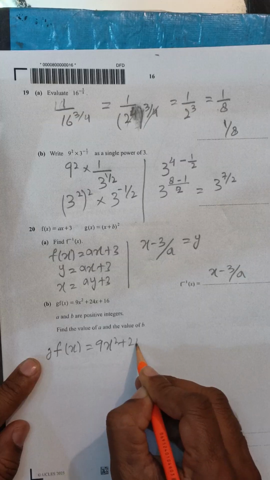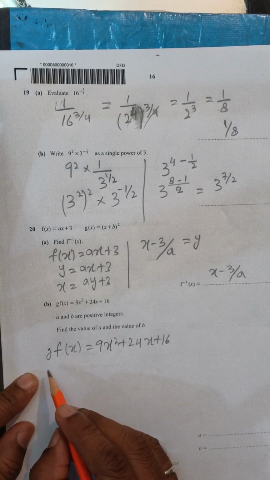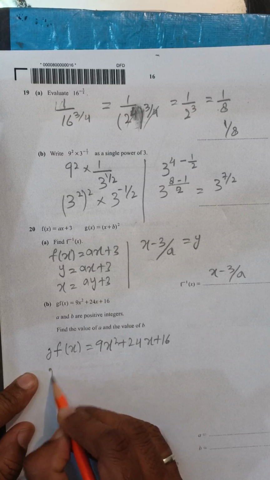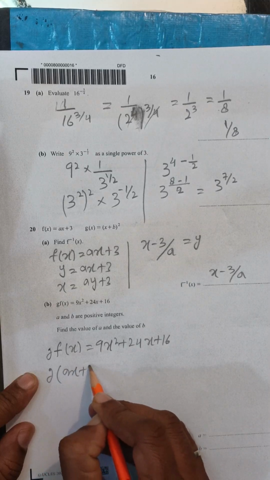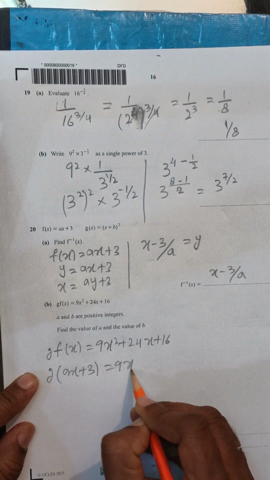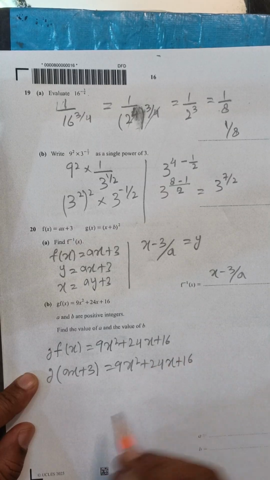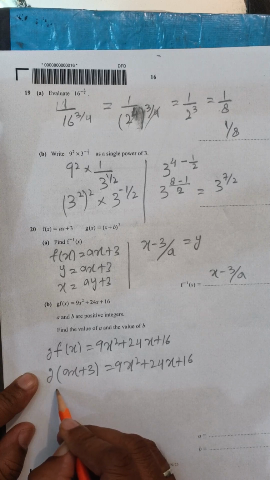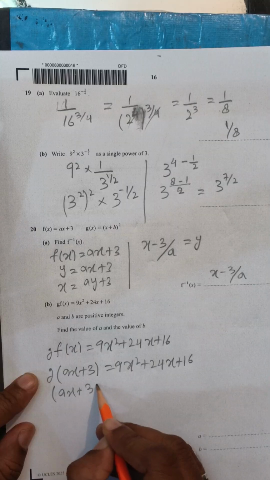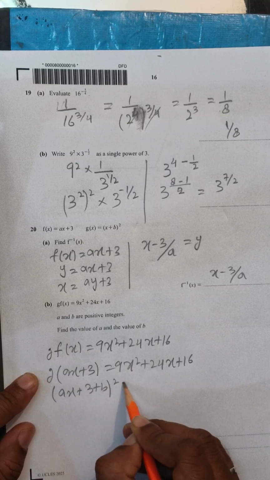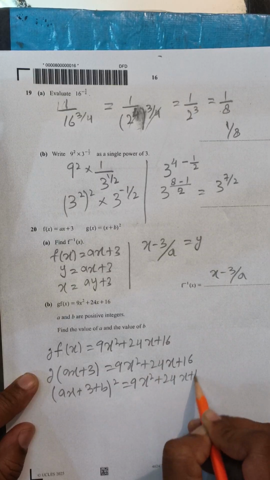9x square. Okay, so just a minute. So g of fx equal to, ax plus 3 plus b whole square equal to 9x square plus 24x plus 16.